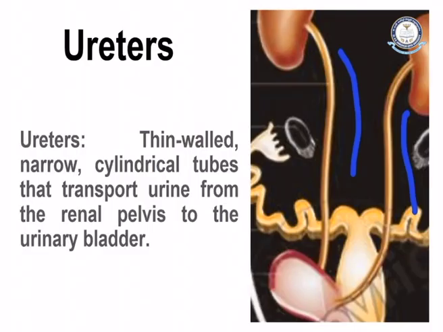Urinary bladder is a median pear-shaped thin-walled muscular sac which stores urine. This bladder is only a storage organ, and then it passes the urine from the urinary bladder to the urethra.